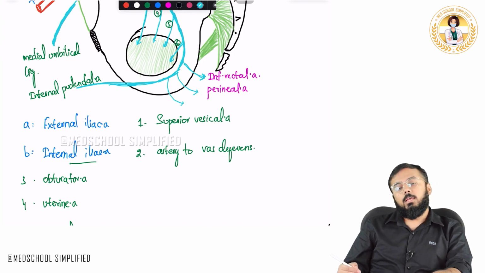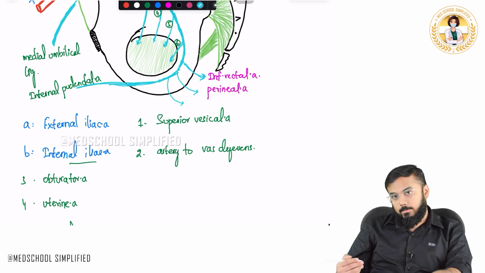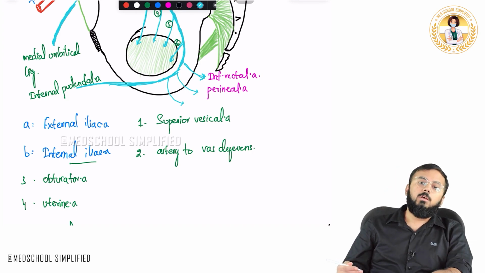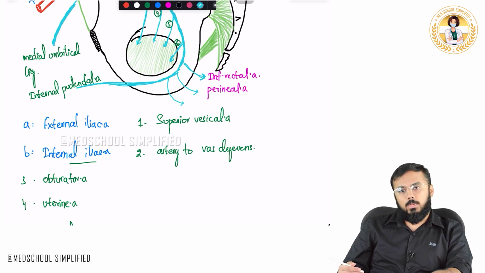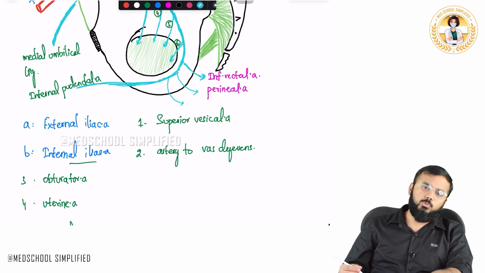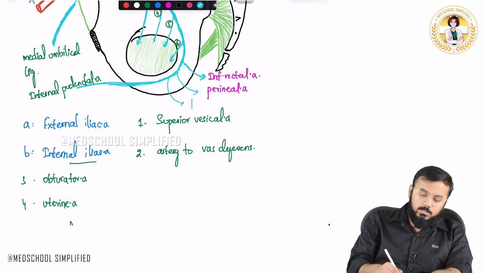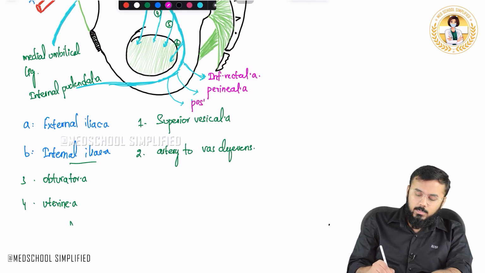This is called, in males, the posterior scrotal artery, and in females it is called the posterior labial artery.